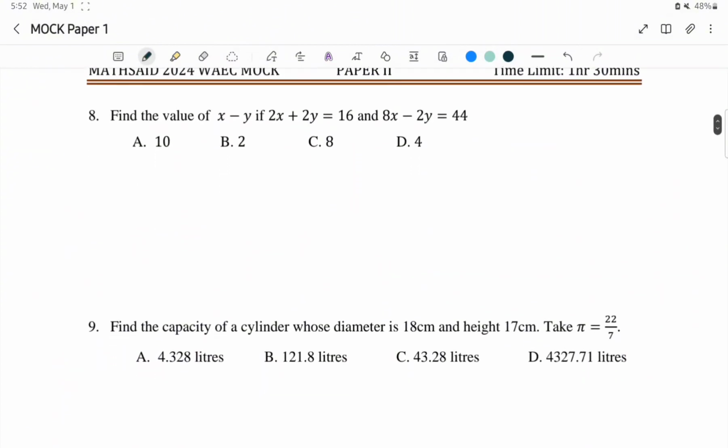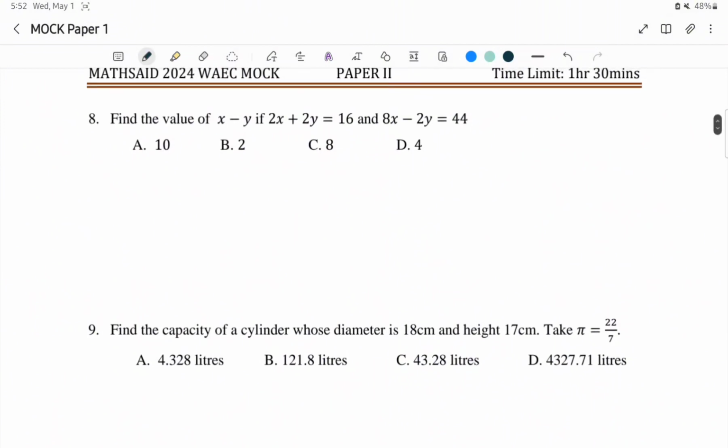For question number 8, find the value of x minus y. This is quite an easy one, we have a simultaneous equation here. 2x plus 2y equals 16. 8x minus 2y equals 44.